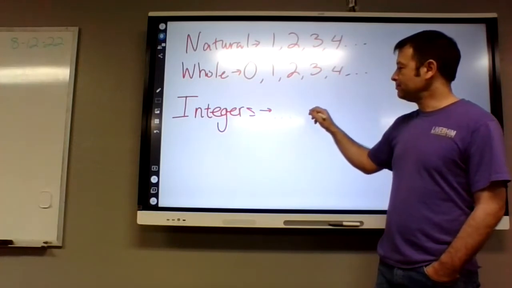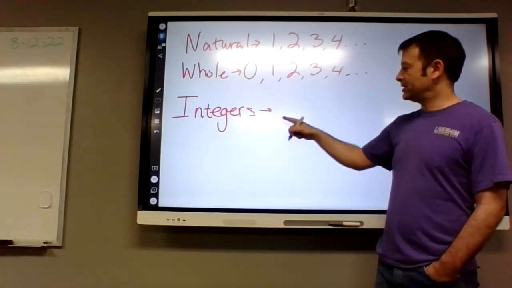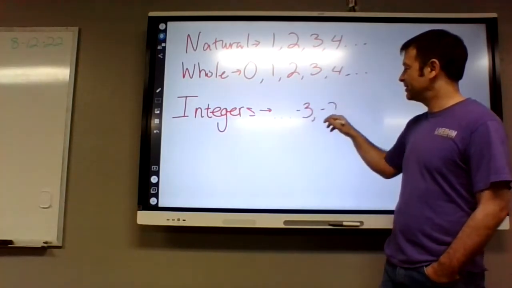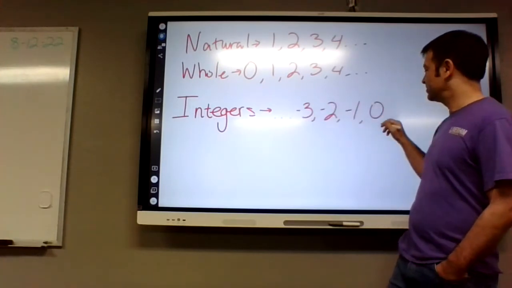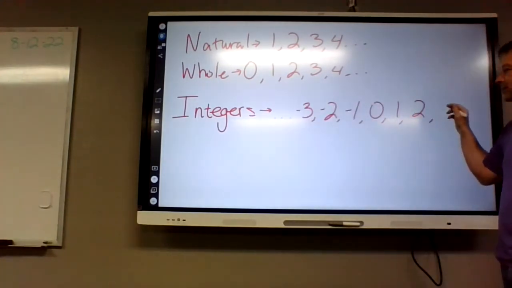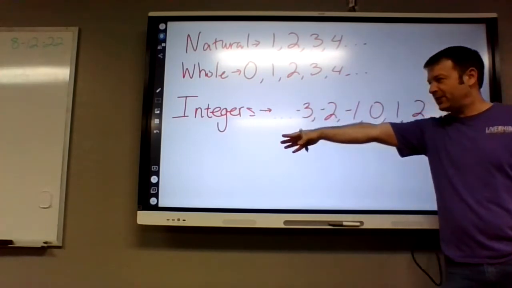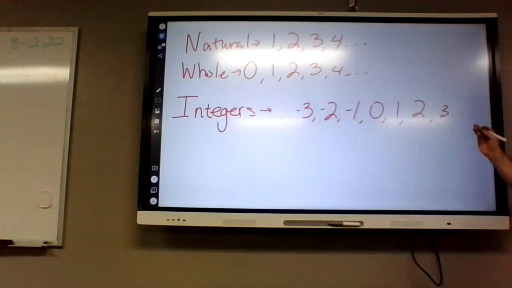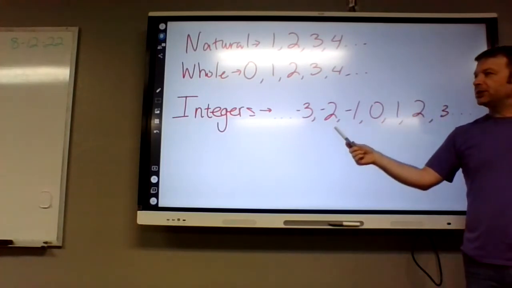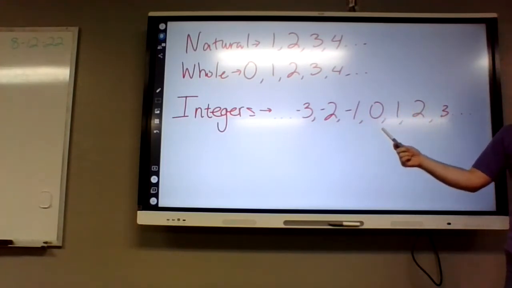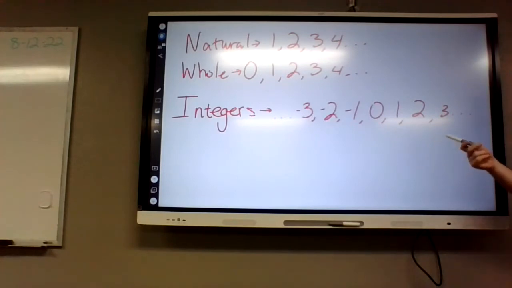But, dot, dot, dot. So it goes forever towards negative infinity, forever towards positive infinity. So it includes negatives, positives, 0, kind of all the numbers on a normal number line.